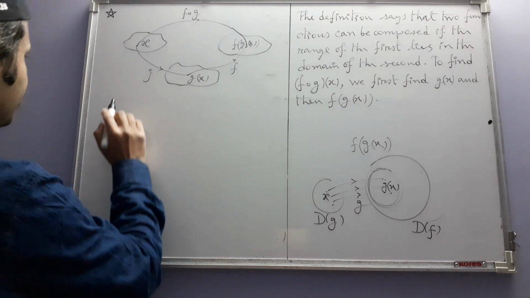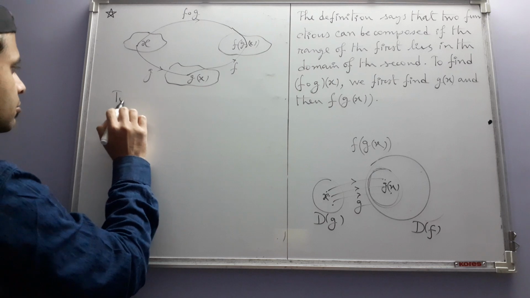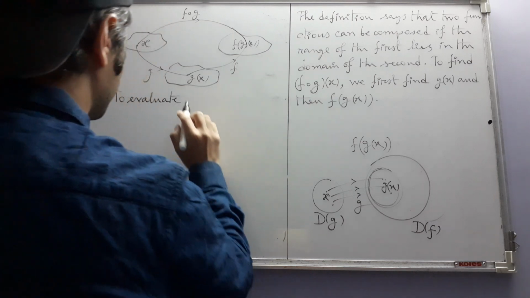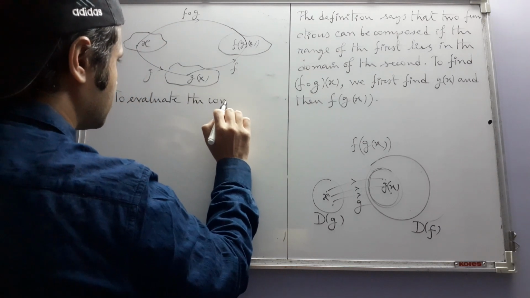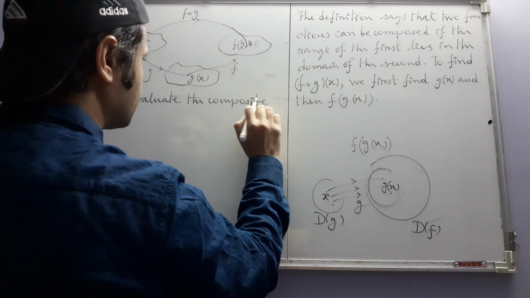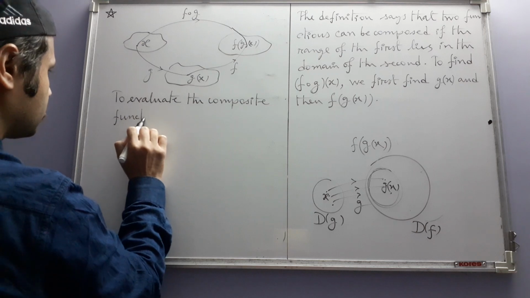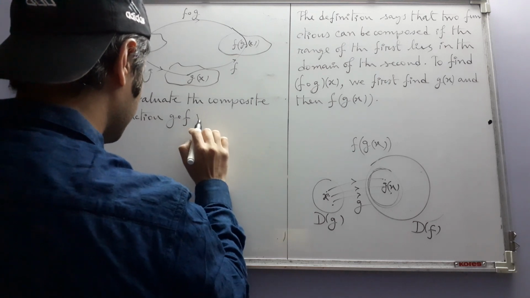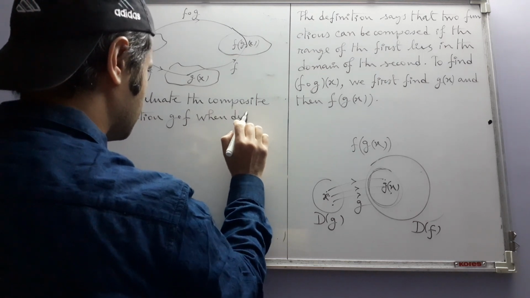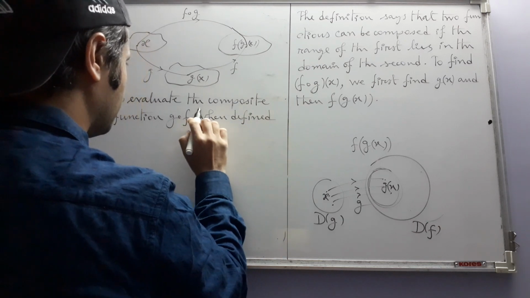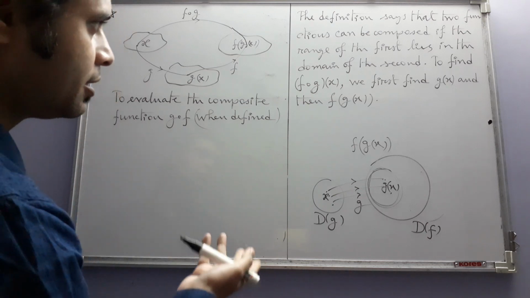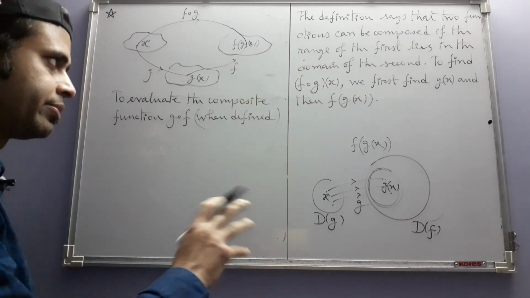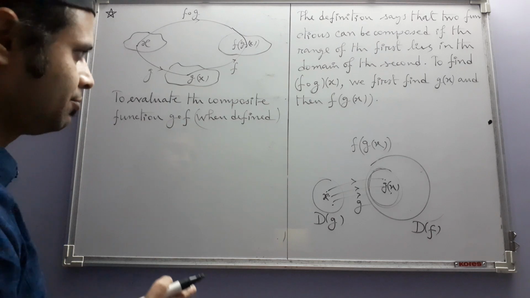So next, to evaluate the composite function G composition F when defined, the situation may not permit you to define G composition F. Maybe the domains, ranges, all the things of F and G are such that you can only form F composition G and G composition F does not make sense.